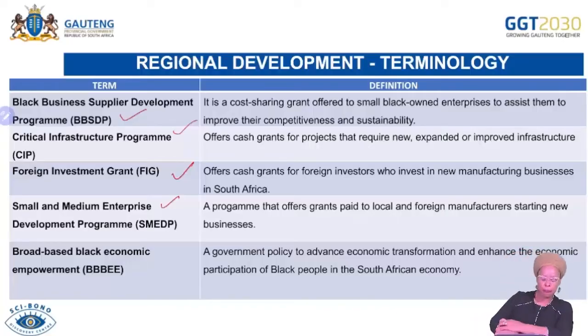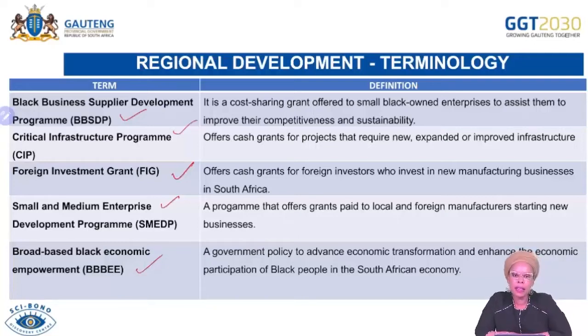The last one is the broad-based Black economic empowerment. We also call it BBEE. Like I've mentioned previously that in South Africa, in terms of the economy, there were inequalities. Certain disadvantaged or marginalized groups of people were not able to participate in the economy. So this is one of those policies that we call redress policies.